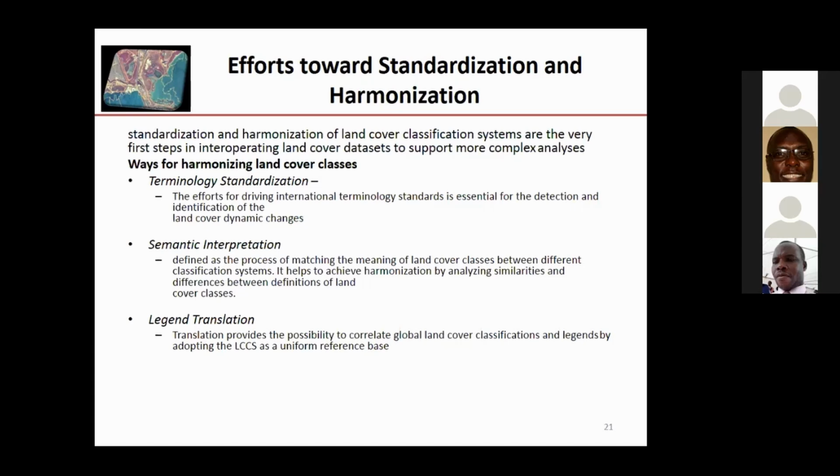To explain it this way, assume I have data in the database from different land cover classifications. In semantic matching, it's possible to query the database and say, for example, I need forests. It goes into the database and interprets forests by the definition of the other land cover classification system, and brings you whatever is a forest.